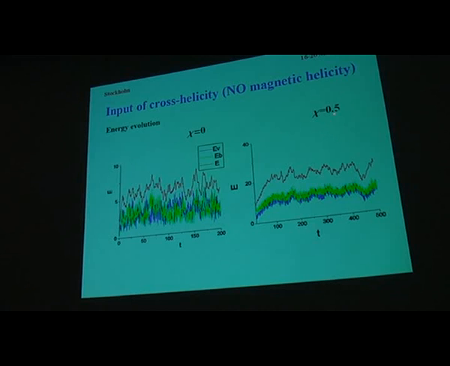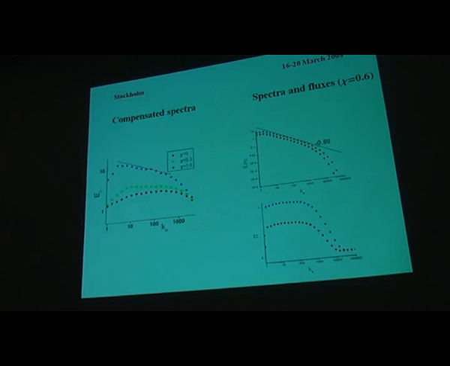In the second case, when the input of cross helicity is a half of the energy input, we can see that the stationary state appears much later. The typical time for this intermediate state is about 100, and the total energy, given in red, is much higher than in the case when no cross helicity is input in the system.